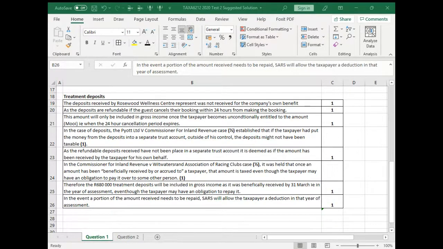So I've done it in this format. You can also do it in a format where you put all the different main components, which I've put on the PDF, which we discussed initially: the total amount, cash received, cash or otherwise, received by or accrued to in the year of assessment.